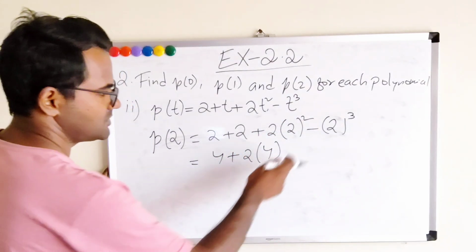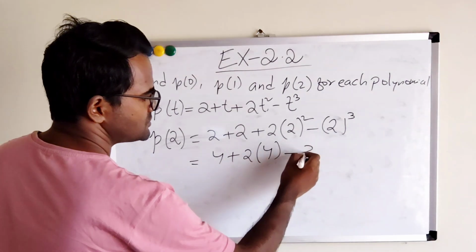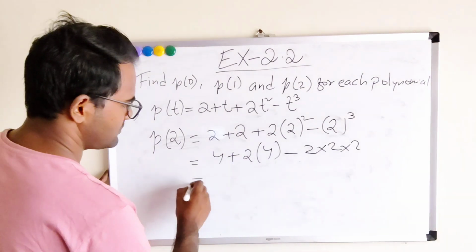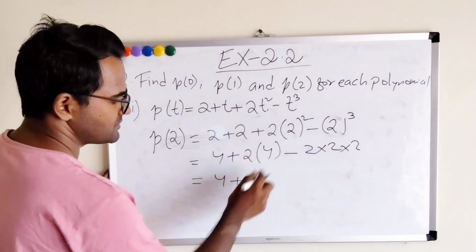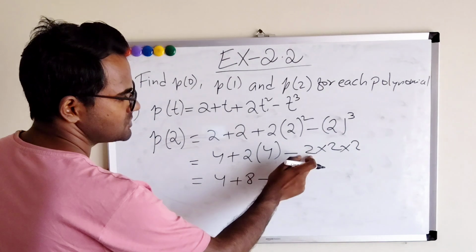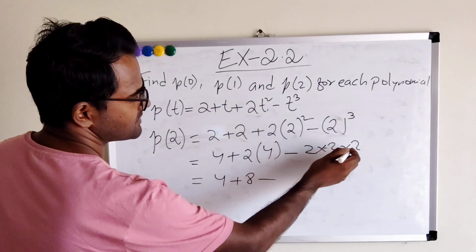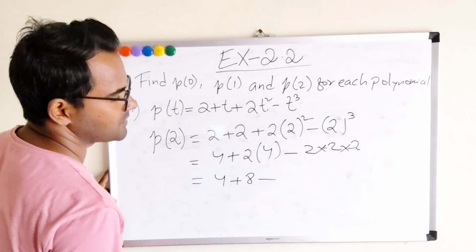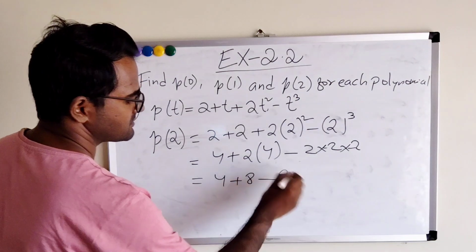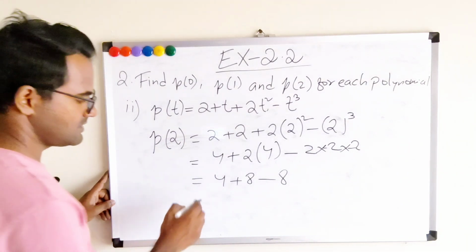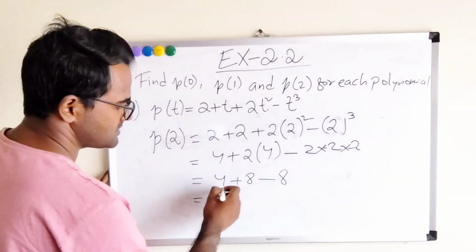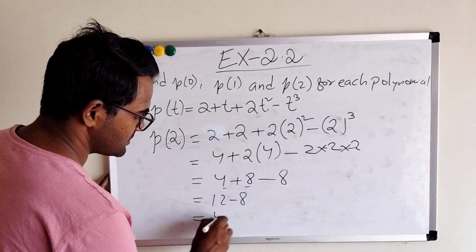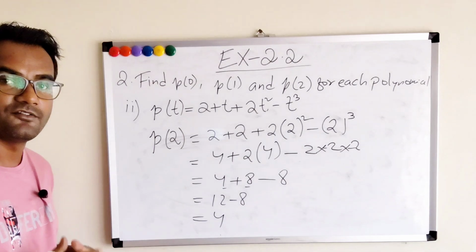You wrote this 4 here, minus 2 into 2 into 2, because it's a cube, right? So 4 plus 2 into 4 is 8, minus 2 into 2, 4, 4 into 2, 8, right? So you got 8. Now plus these two numbers, what do you get? You get 12. 12 minus 8, 4, right? So here you get 4, right?